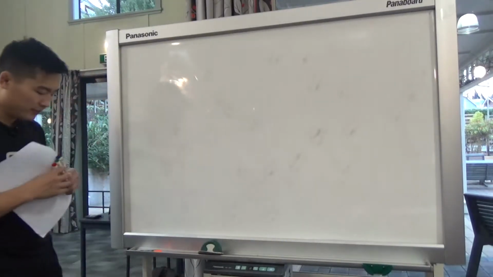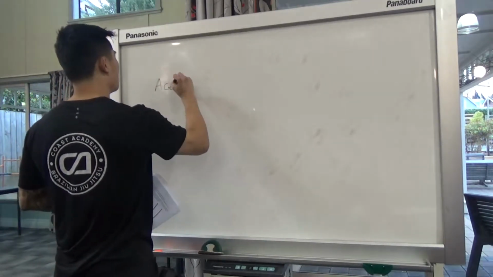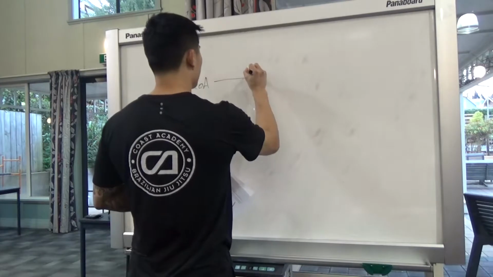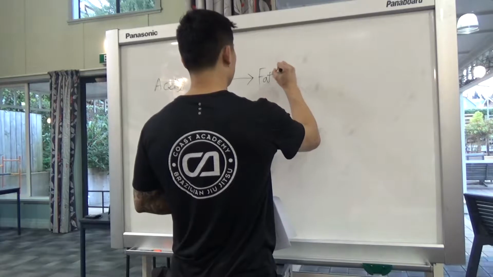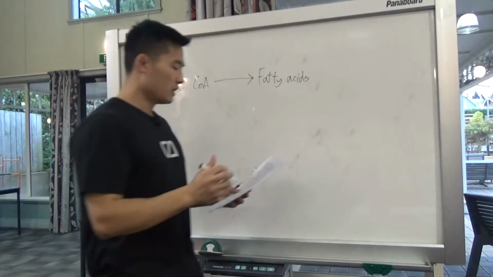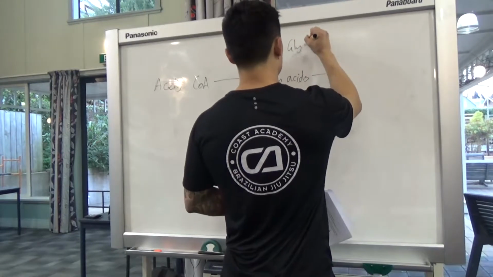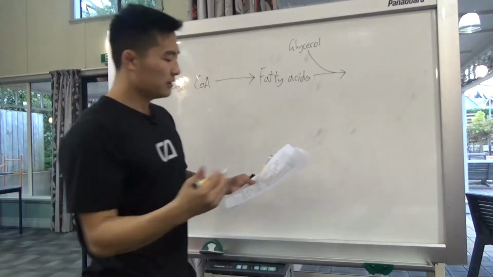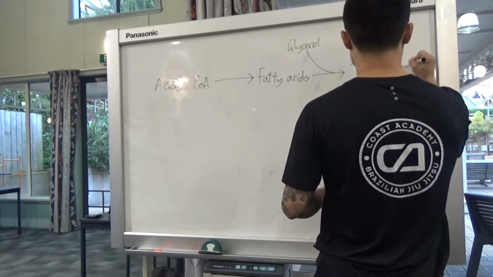So if you look at the diagram, we've got lots of acetyl-CoA. So we're going to add the acetyl-CoAs together to create fatty acids, right? And then we're going to combine it with glycerol to make triglycerides.